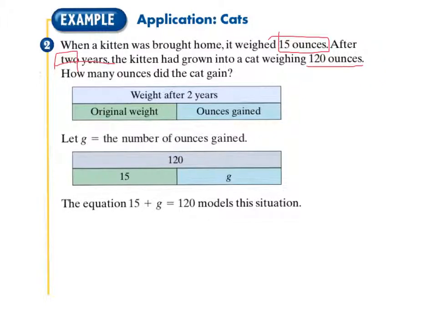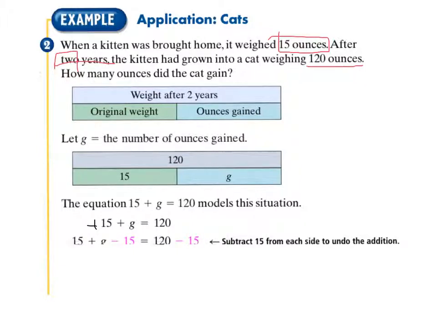So the equation to solve it is 15 plus G equals 120. Now, again, we always want to get the variable by itself. So this 15, even though it doesn't have a plus in front of it, the fact that it doesn't have a negative symbol lets me know that this is a positive 15. So to move a positive 15, I'm going to do the opposite, and the opposite of plus 15 is minus 15.